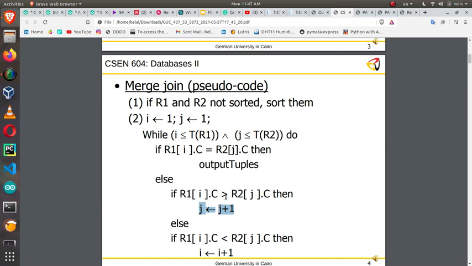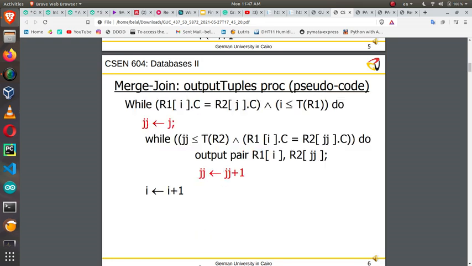If R2 is less than R1, we increment j. If R1 is less than R2, we increment I. And if they are the same, we enter this nested loop and output the current pair, then we increment jj until the current items are not equal, then we increment I, and we proceed with the same logic.